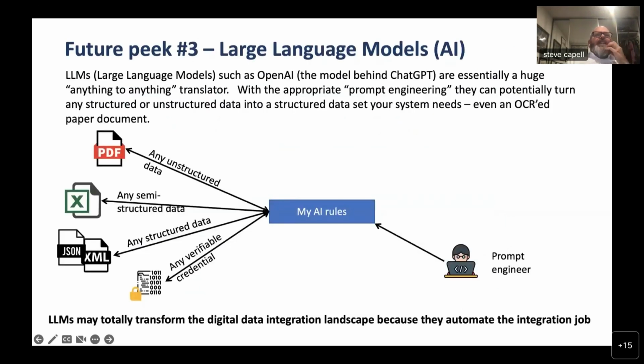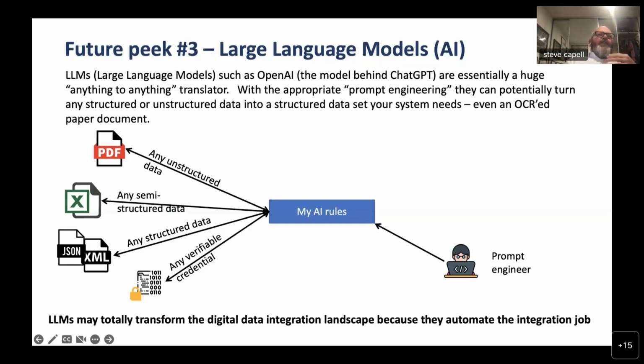So onto the third and more recent technology trend that I think will have a plausibly dramatic impact. We're talking here about AI and large language models, and many of us know this as ChatGPT. But that's just one example of a large language model, and OpenAI is the company behind it. So these things are like massive translators. It's actually very similar to how Google Translate works. By indexing pretty much everything on the web, a large language model learns how to map almost anything to anything.